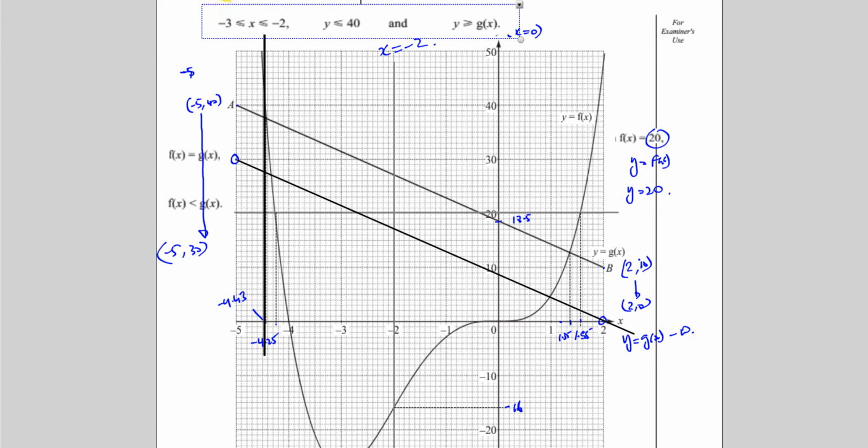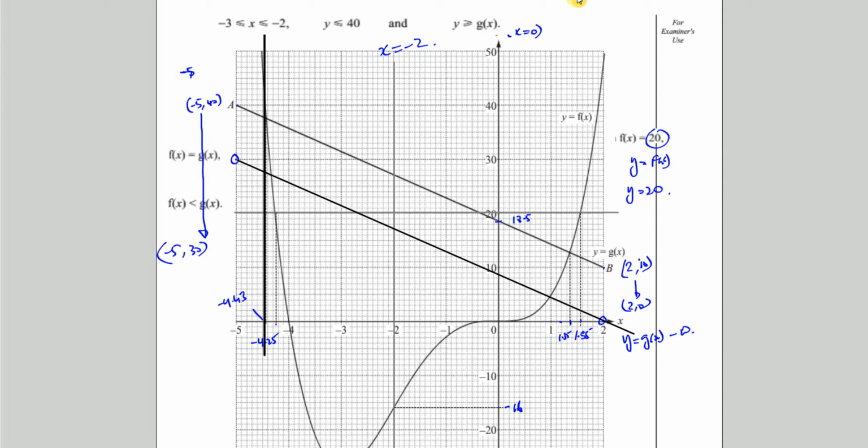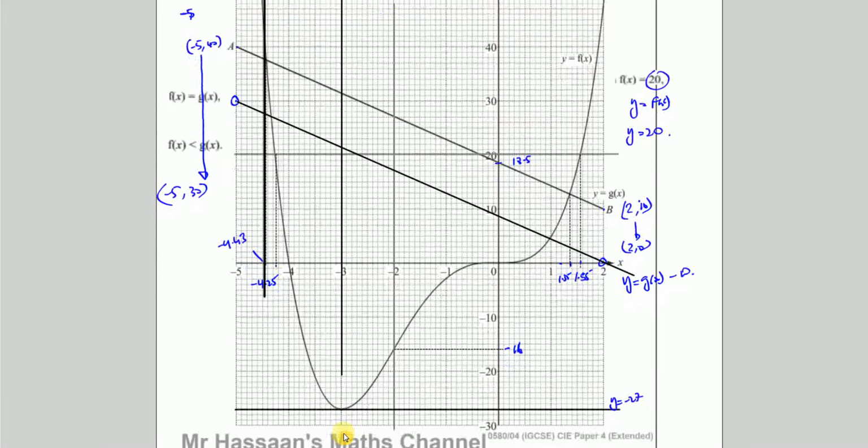So we've got to draw the lines x equals minus 3 and x equals minus 2, and they have to be solid lines because it says equals. So x equals minus 3 will be a line that goes straight down like this, a solid line. I need to make it take up the whole space.